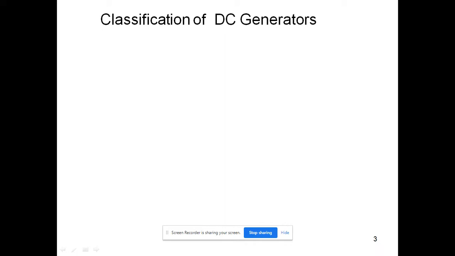DC is nothing but direct current. The generators which produce direct current are called DC generators. Let us see the classification. Mainly these DC generators are classified based on their excitation.